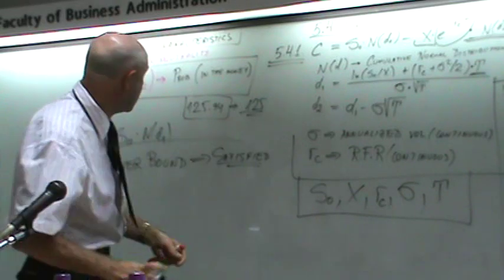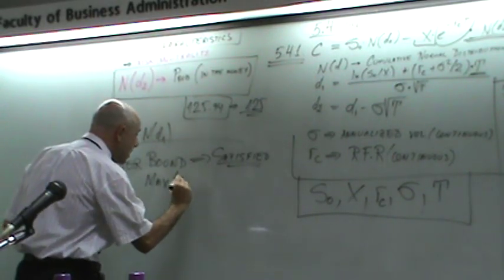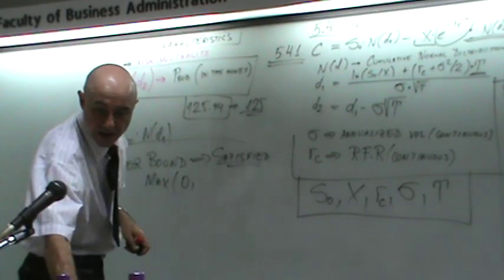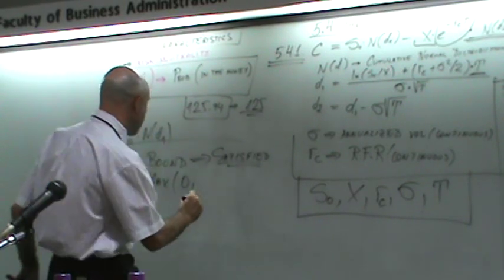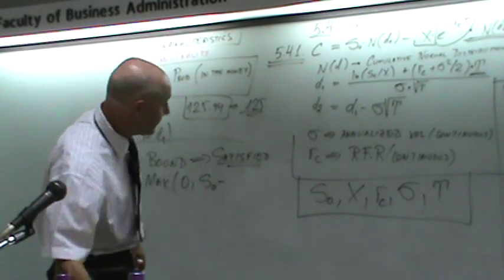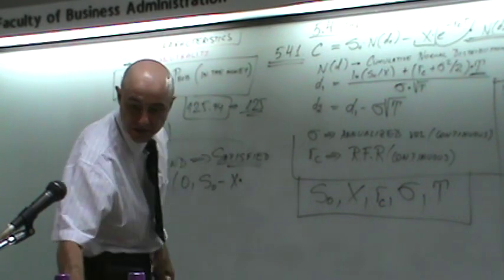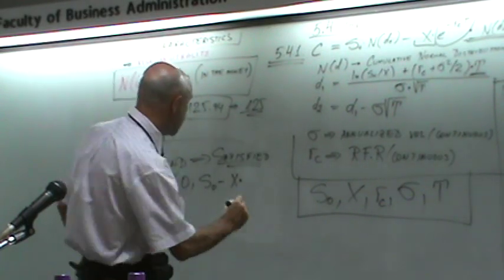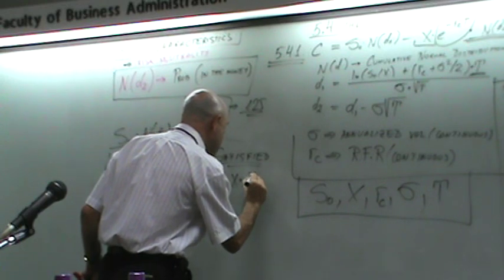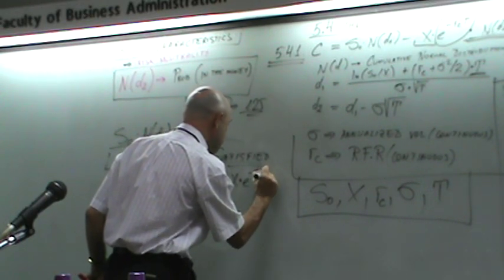The lower bound is the higher of 0 and S0 minus the present value of X, that is X times e to the minus rT, where maybe it's a big T over here.